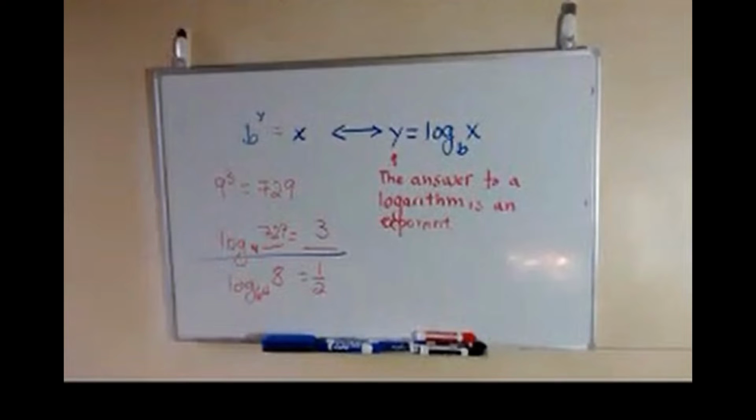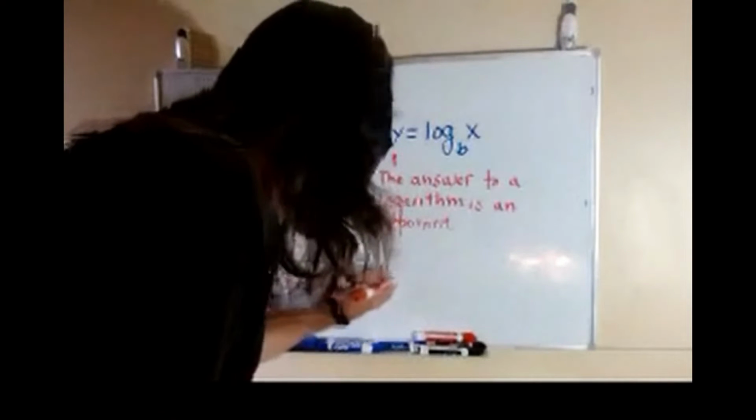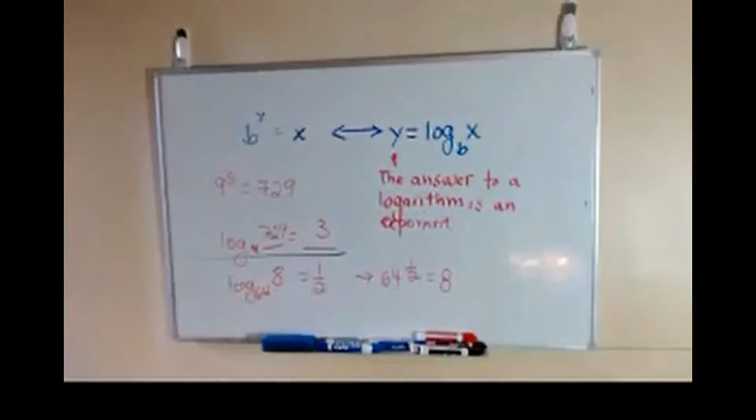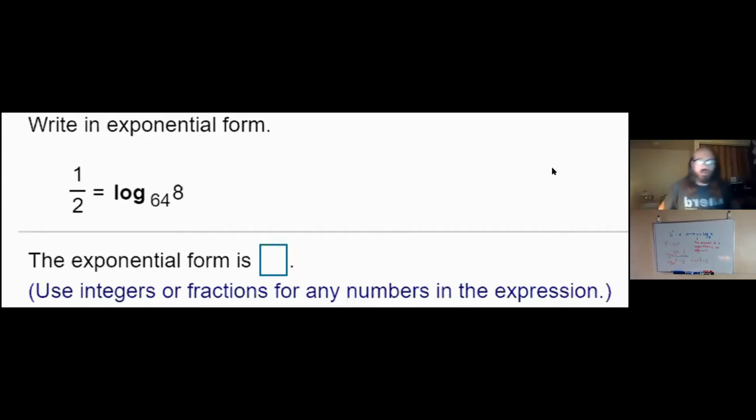The exponent for what? That same base of 64. This is one that you could check on your calculator, but we don't even need the calculator, because 64 to the 1/2 is the same as taking the square root of 64. The principal square root of 64 is indeed 8.